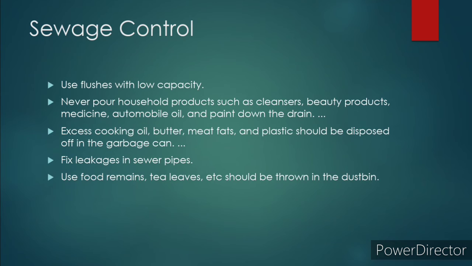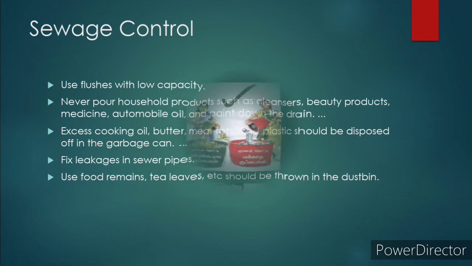If you throw them in the drain, then they can choke the drainage line. Then fix leakage in the sewer pipes, because if you do not do proper maintenance of these sewer pipes, then the dirty water or wastewater can be mixed with fresh water. Then used food remains like tea leaves, etc. should be thrown in the dustbin.